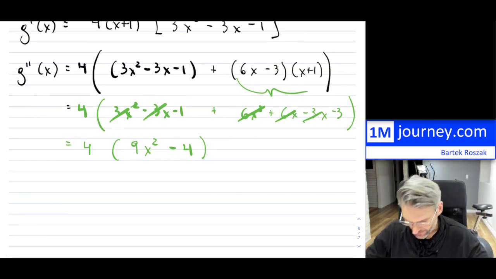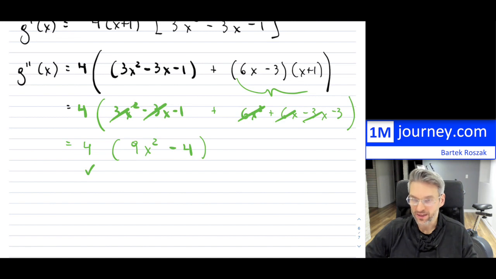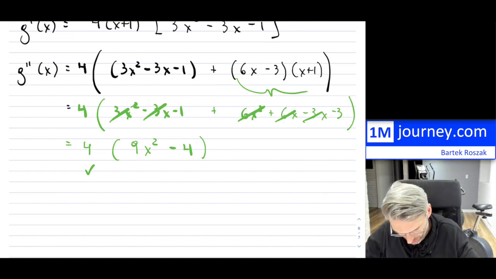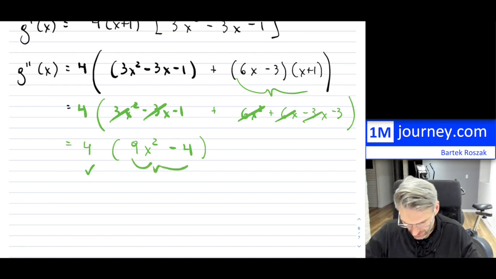Here's the second derivative, so it actually is not that bad. It kind of fell apart on us, so that's pretty good. So this 4 is kind of irrelevant, especially if we want to set it to 0 to find the inflection points. So let's take a look where that happens. I just have to solve this.